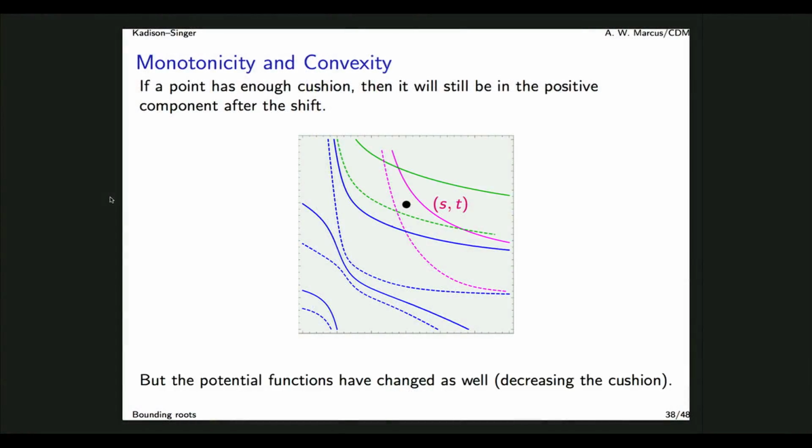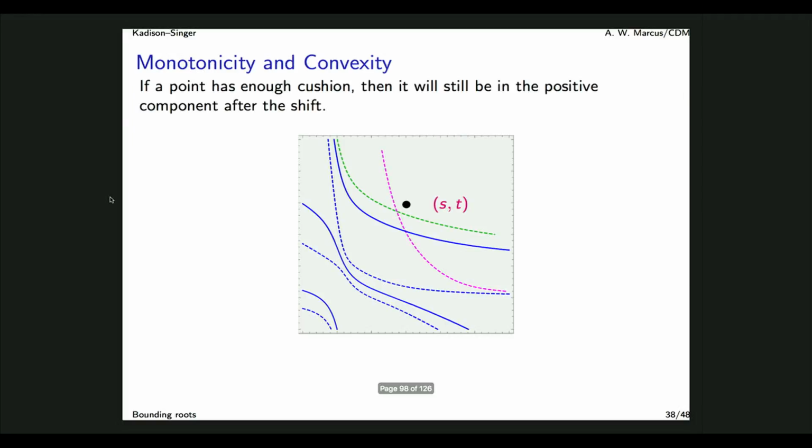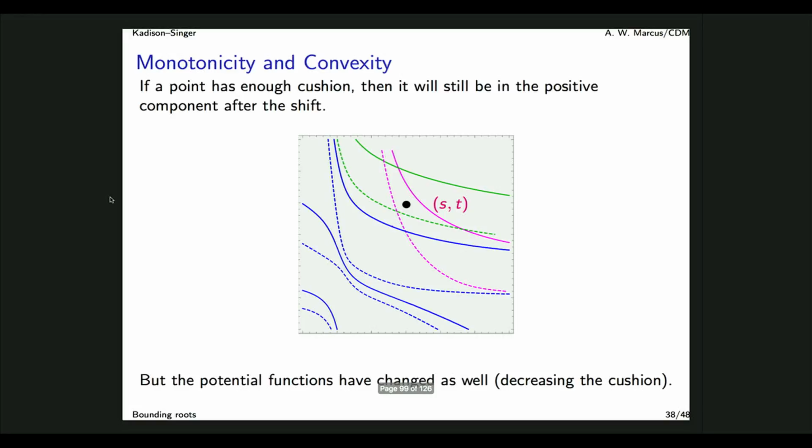The problem is that we've also now changed the potential functions, right? Here I'm using the potential function in direction y in order to make arguments about what's happening. But when I do this operation in direction y, I'm also changing the potential function in direction x. So now I can't use that in the future when I do my operator in direction x. So I'm going to have to compensate for that somehow.